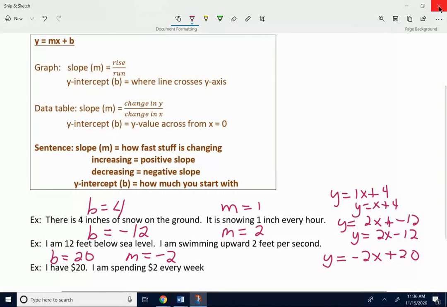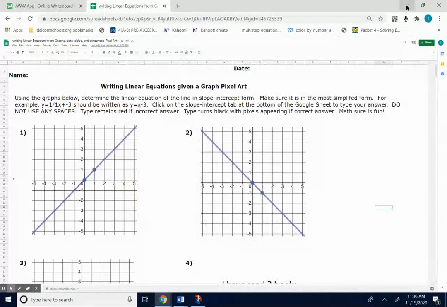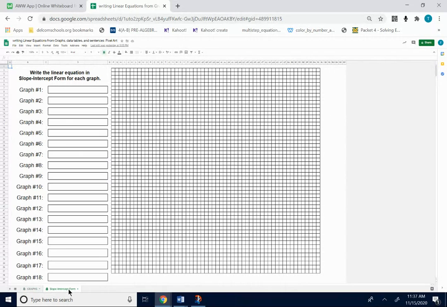So what you have here, when you open up the pixel, I don't think your class has done a pixel yet. But after you open it up, on the bottom of your screen you should see graphs. See on the bottom left, it says graphs, and then you click the second page. It says slope-intercept form.